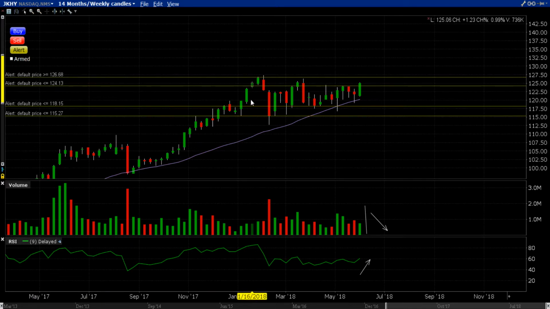So what do I do with JKHY? 2460, the close above, not super convincing. Tomorrow's Friday, so when this is posted, Friday morning, you could wait for that weekly candle to see if it really closes up.